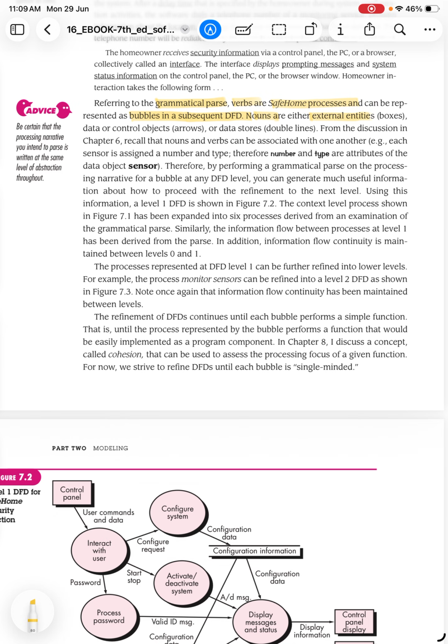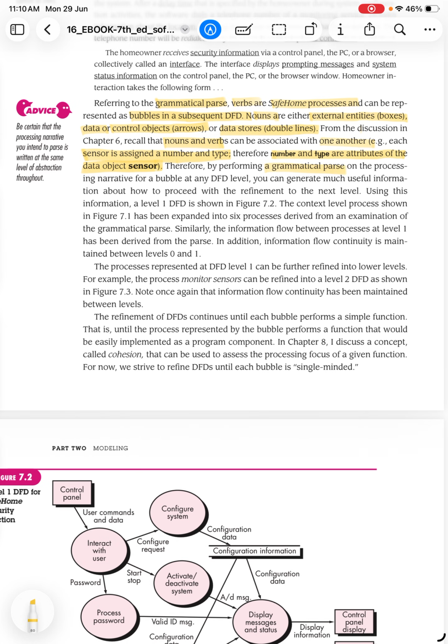Nouns are either external entities, data or control objects, or data stores. From the discussion in Chapter 6, recall that nouns and verbs can be associated with one another. For example, a sensor is assigned a number and type; therefore, number and type are attributes of the data object sensor.